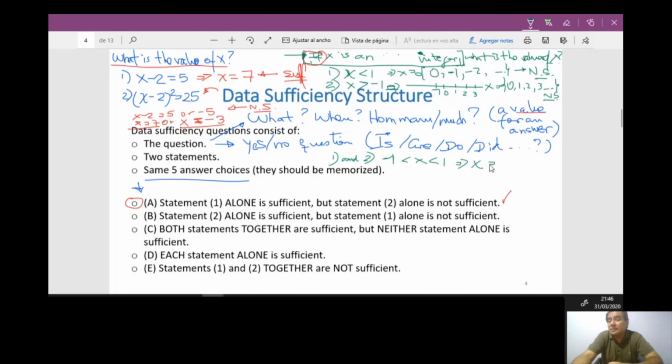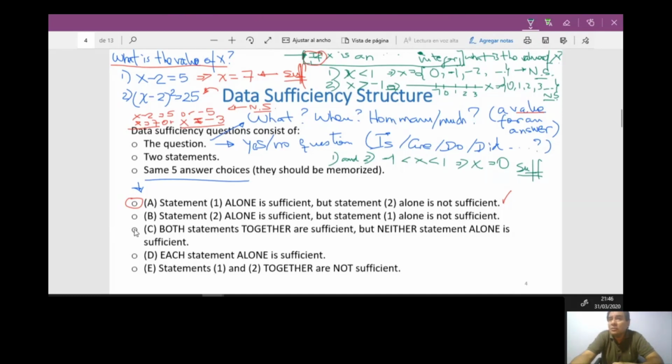Yes. Thank you, Melanie. 0. That is the only possible value, right, Maria Pia, that x could take. Since now we can answer the question with this unique value for variable x, then we label the two statements together as sufficient, though neither statement alone or by itself is sufficient.